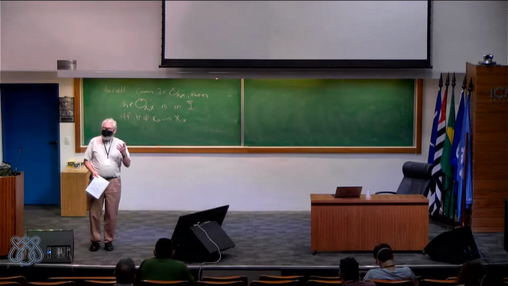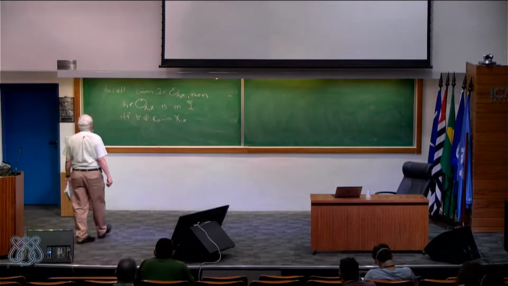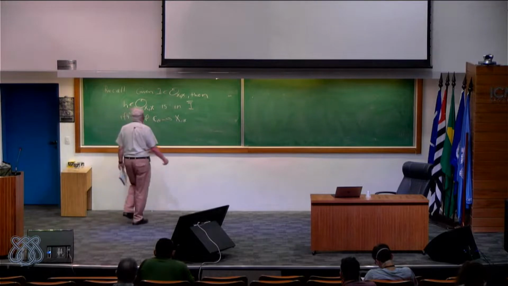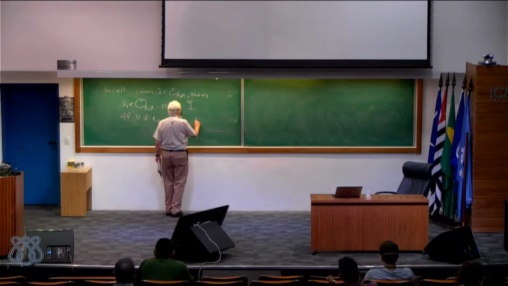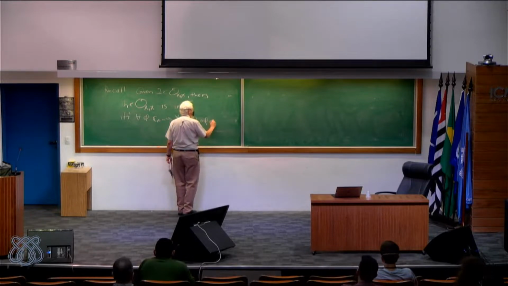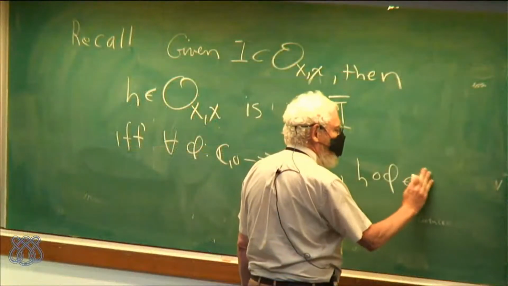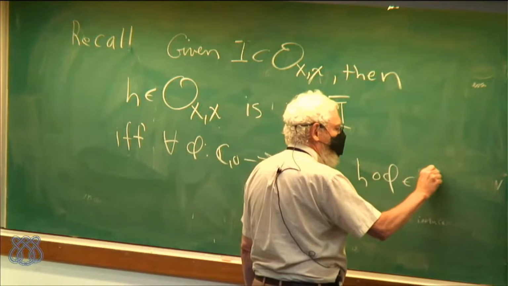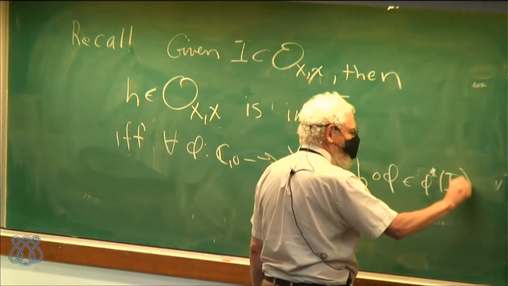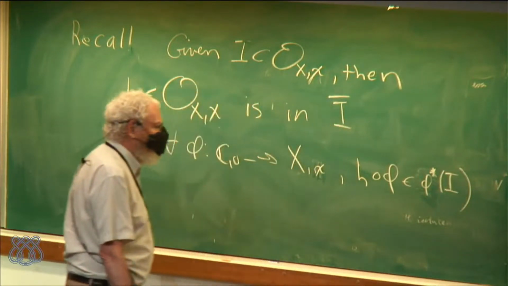Well, what we want to have happen is that if I look at h composed with phi, then that should be in the pullback of the ideal. Okay.